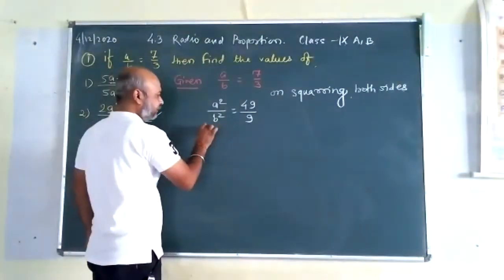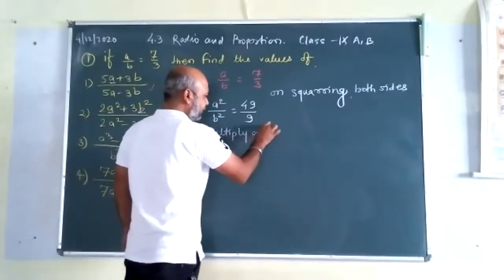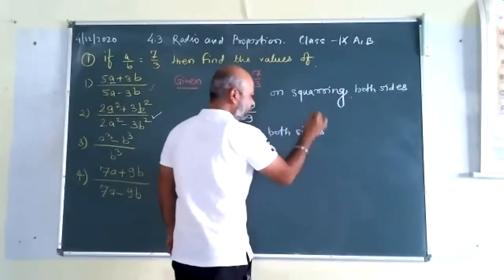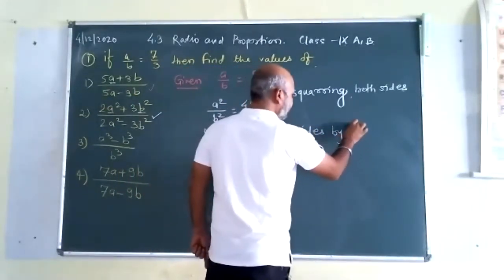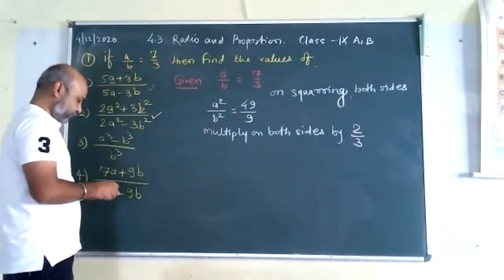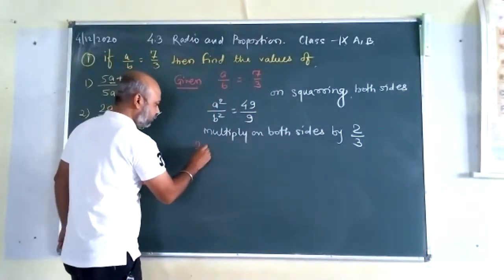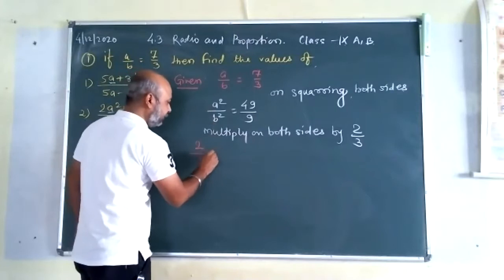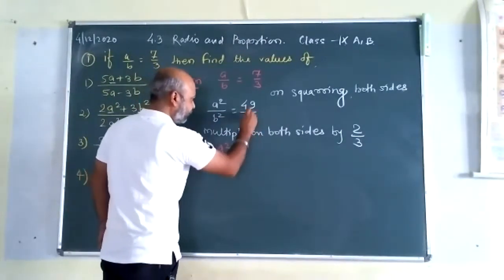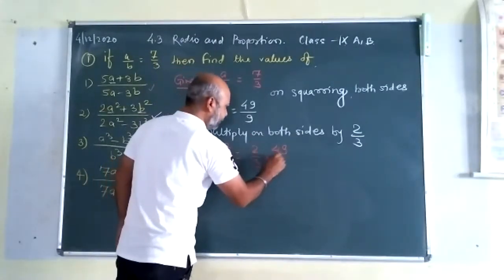So when you multiply, this will be 2 upon 3 into a square upon b square, and this will be 2 upon 3 into 49 upon 9.